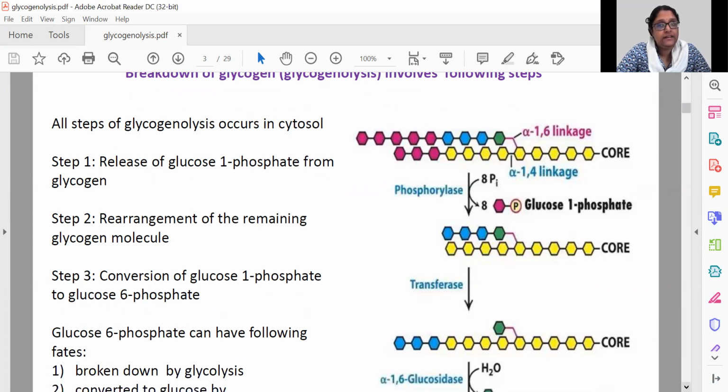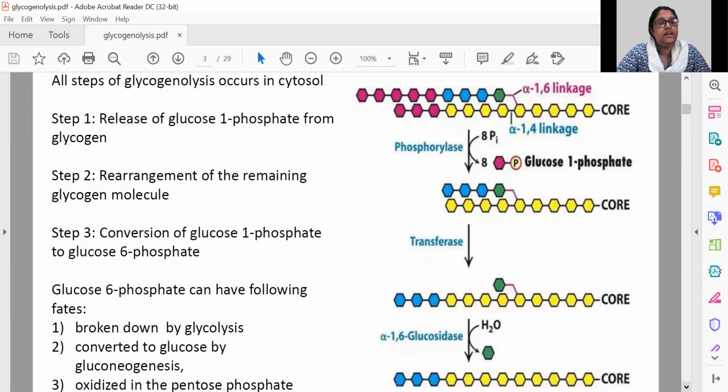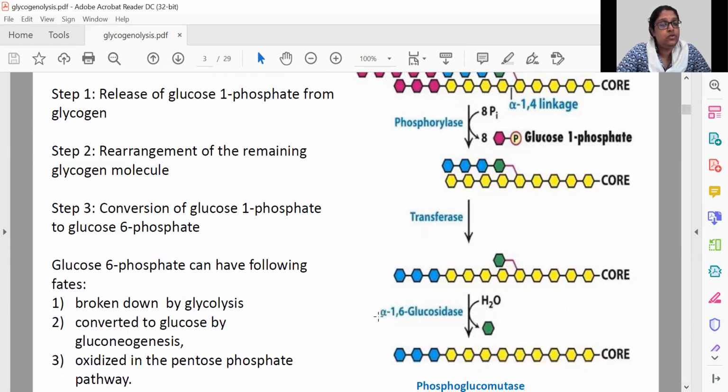And once that happens, then the enzyme, the alpha 1,6 glucosidase, will hydrolyze the alpha 1,6 bond and release 1 glucose.